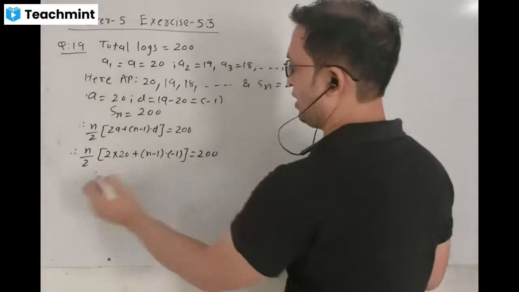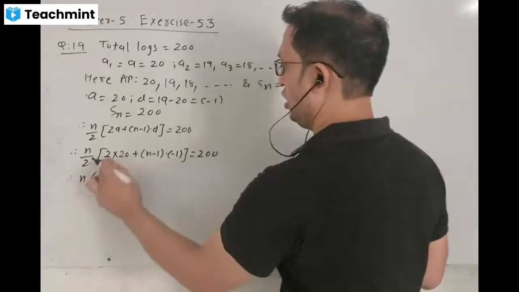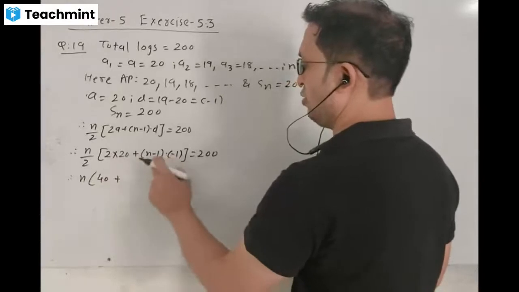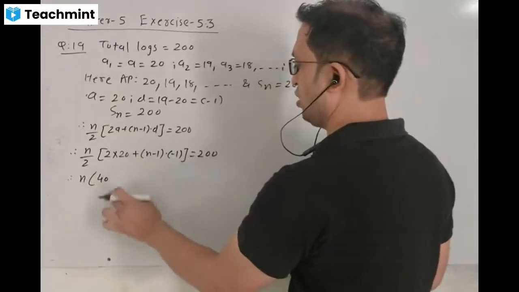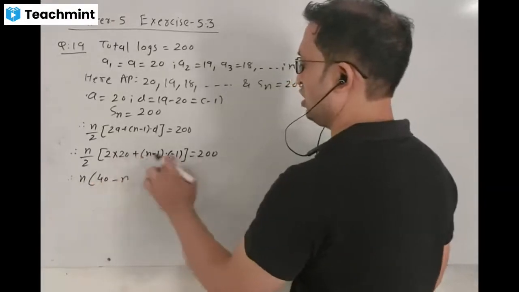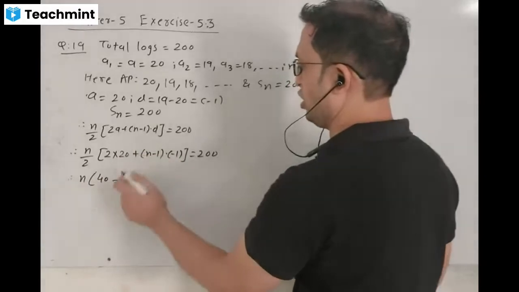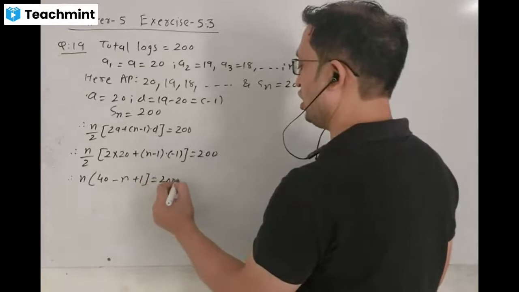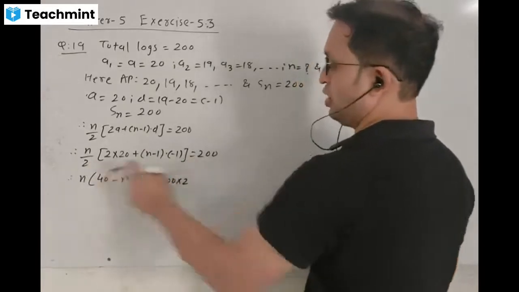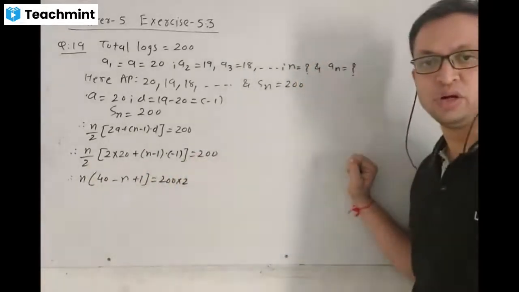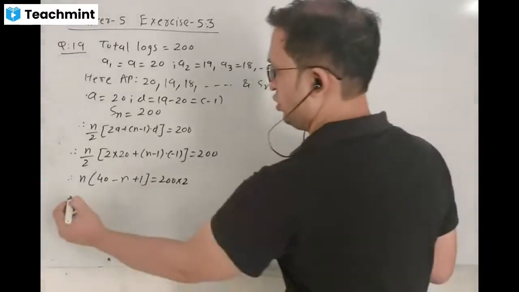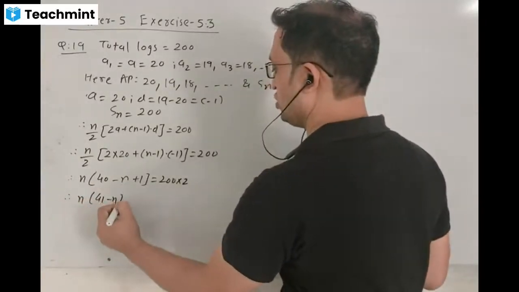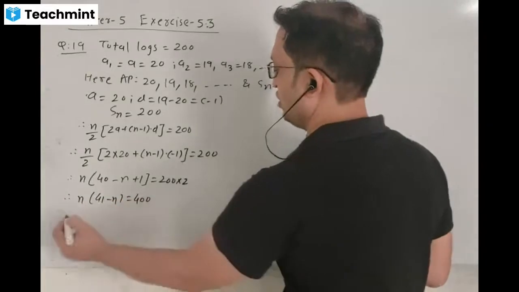So 2 multiplied by 200, and 2 times 20 is 40, minus n plus 1, that is 200 multiplied by 2. Therefore 40 plus 1 is 41 minus n is equal to 400.